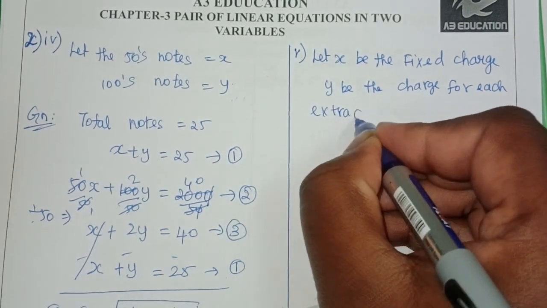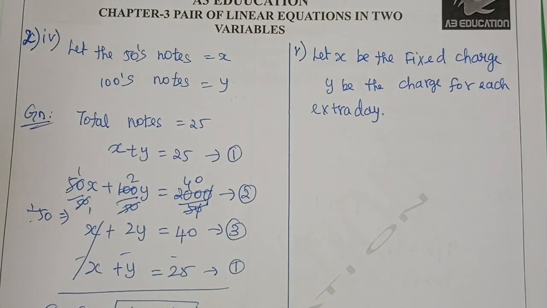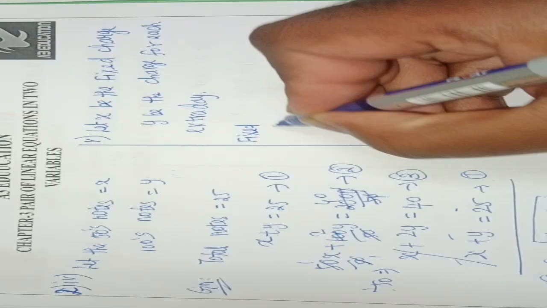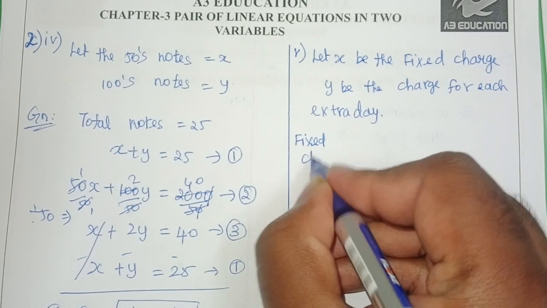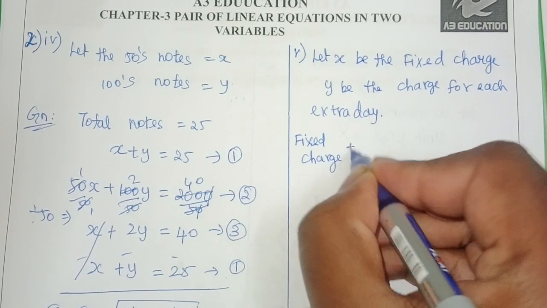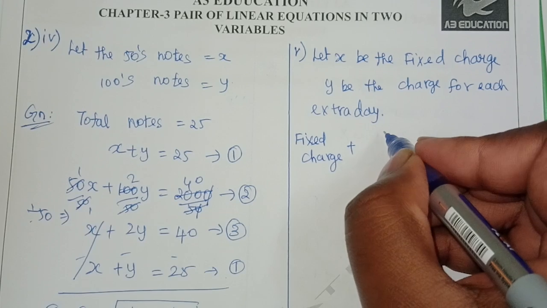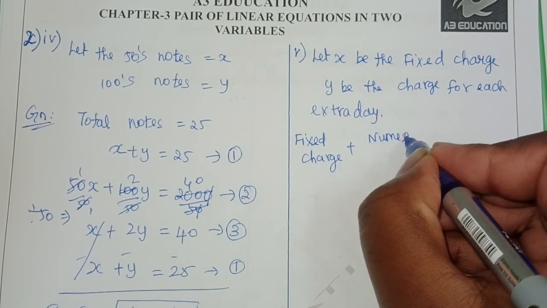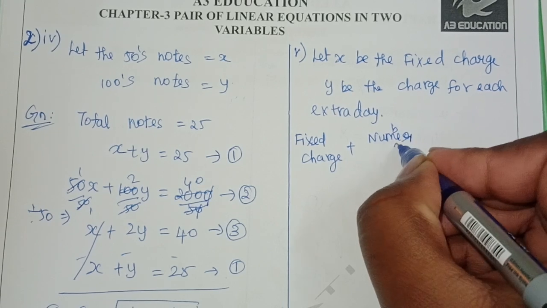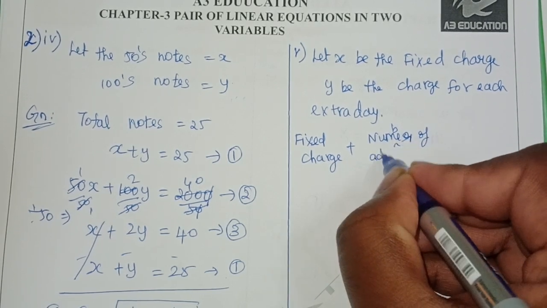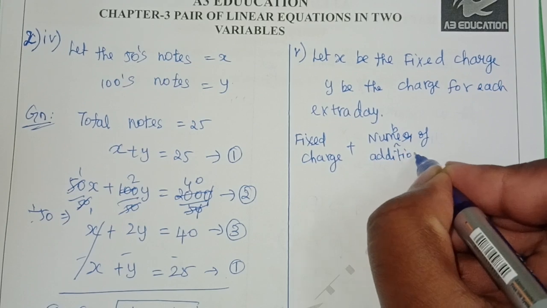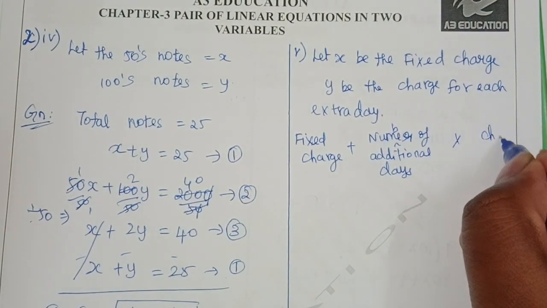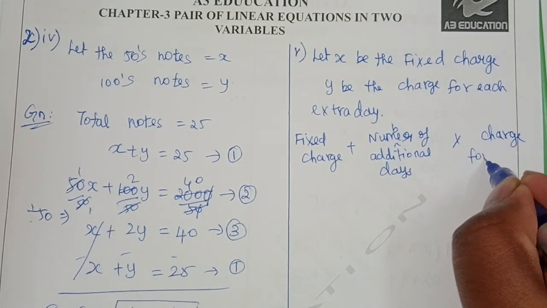In our fifth subdivision we take two variables. The amount paid is the fixed charge plus the number of additional days into the charge for each extra day.